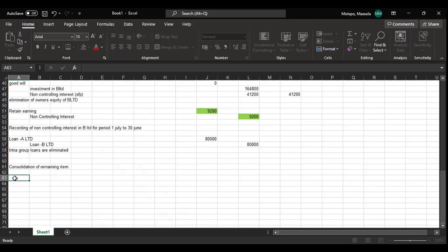So we're going to state the financial position for the year 30 June 2004.